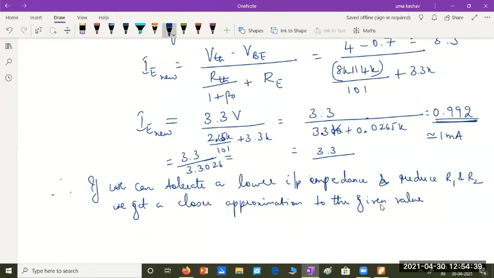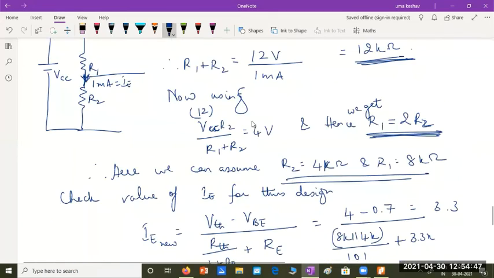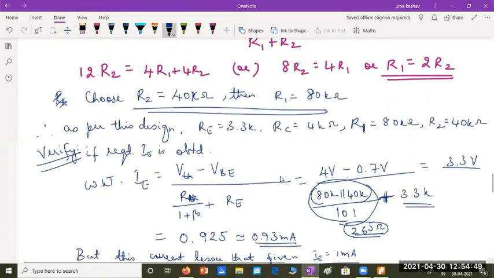Okay, so we'll get a closer approximation to the given value of IE, but depending on the application, you have to choose either design 1 or design 2.